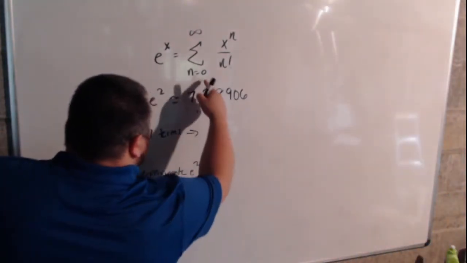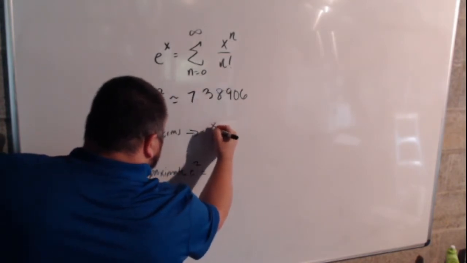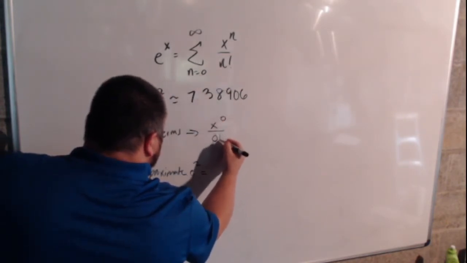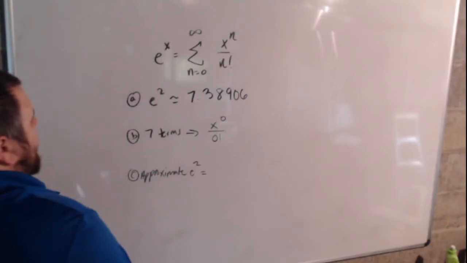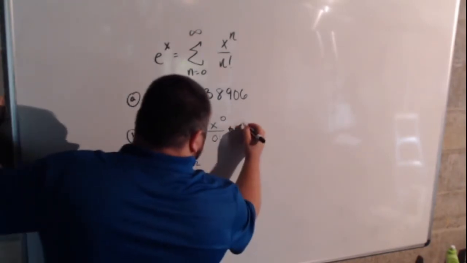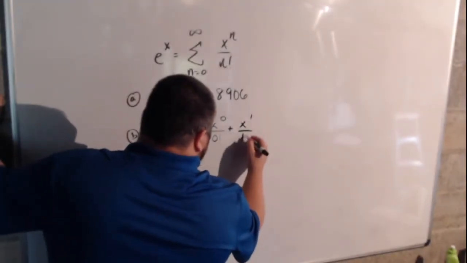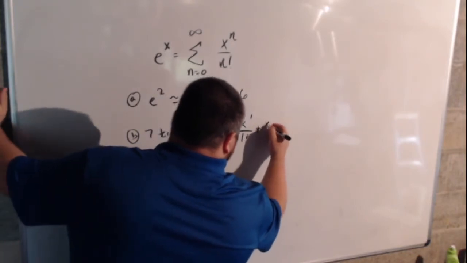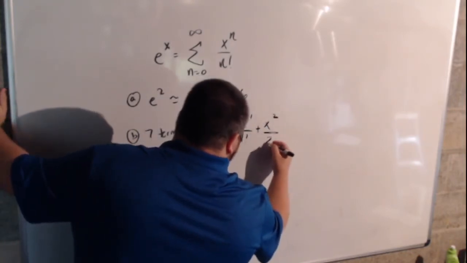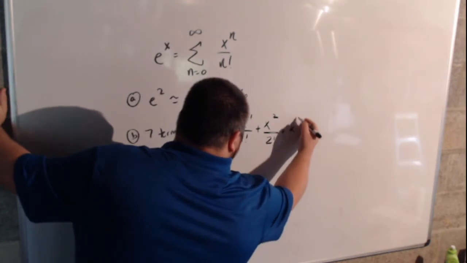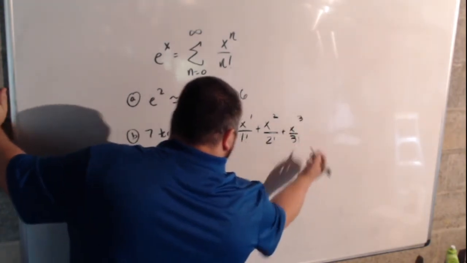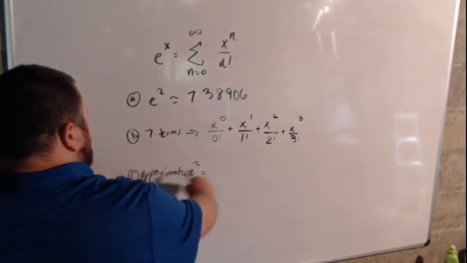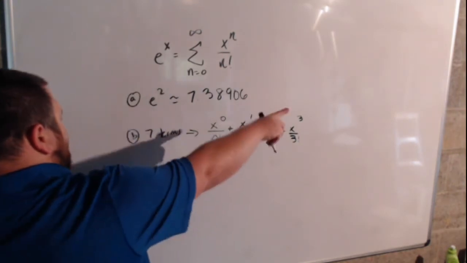So, if n is 0, we get x to the 0 over 0 factorial plus x to the first over 1 factorial plus x squared over 2 factorial, and so on. Now it asks for the first 7, so if I start at 0, that means I got to go up to the power 6.